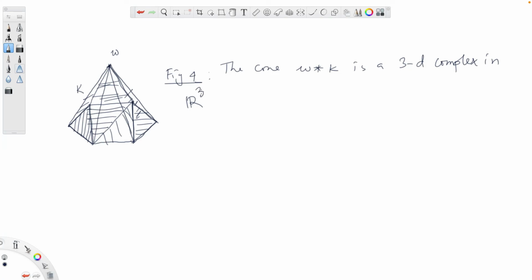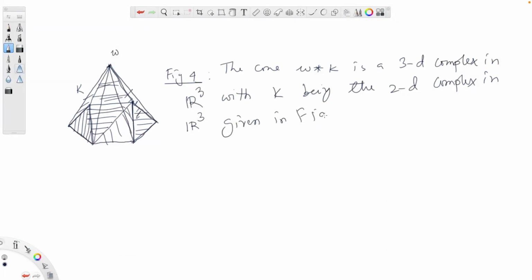So we have a three-dimensional region bounded by a surface that is going to be the cone W star K, a 3D complex in R3 with K being the 2D complex in R3 given in figure 3. Okay.